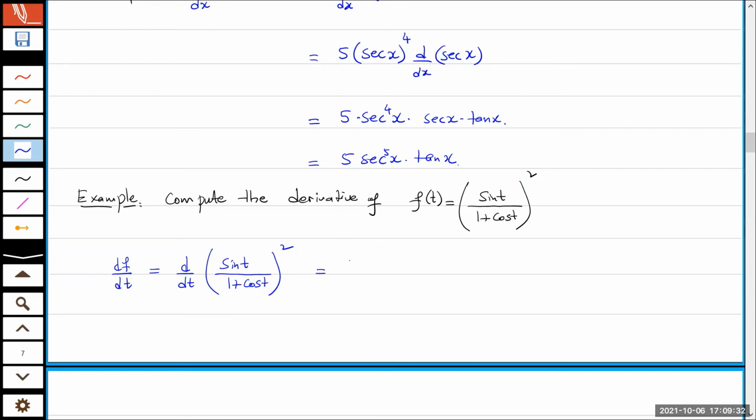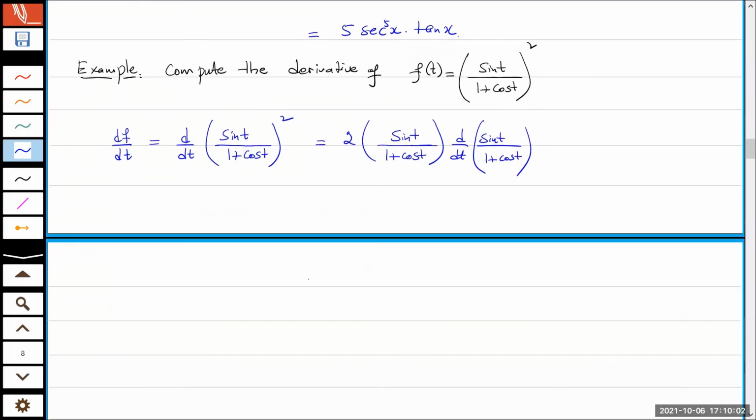Apply the power rule. 2, that's my 2. I'm not going to touch anything inside: sine t over 1 plus cos t, all to the power 2 minus 1, which is equal to 1. Now I take the derivative of the inside, multiplied by the derivative of sine t over 1 plus cos t. So this is the application of the chain rule.